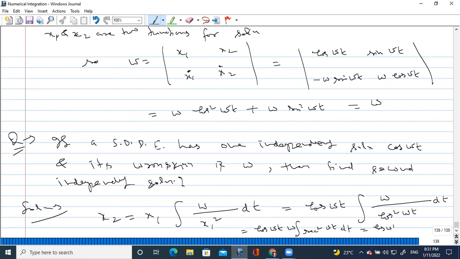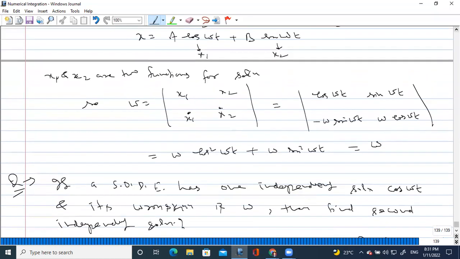So it will be cos omega t into omega into tan omega t by omega. Omega and omega cancel. Tan omega t is sin omega t by cos omega t, cos omega t and cos omega t cancel. So the answer will be x2 equal to sin omega t. And this we have seen here. Okay, so all the concepts have been cleared now.